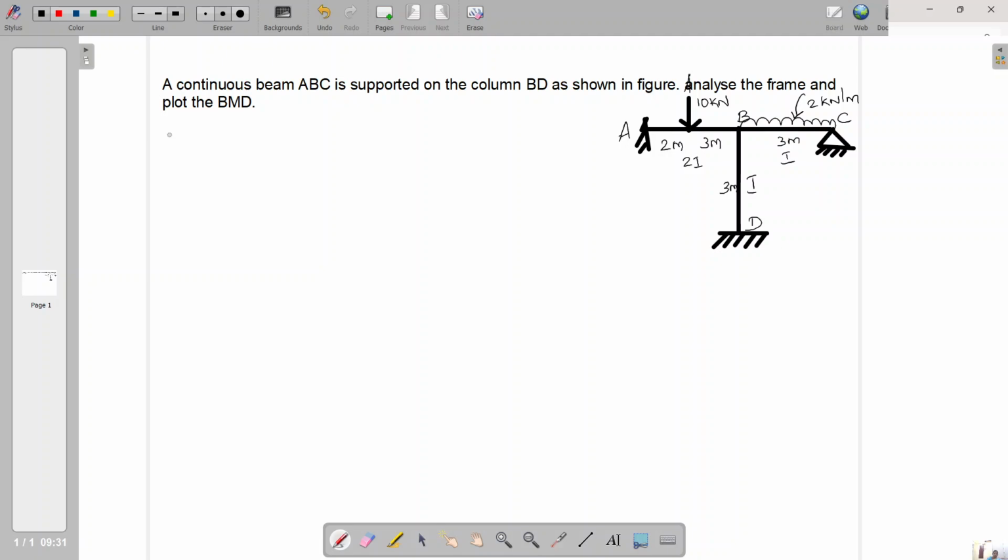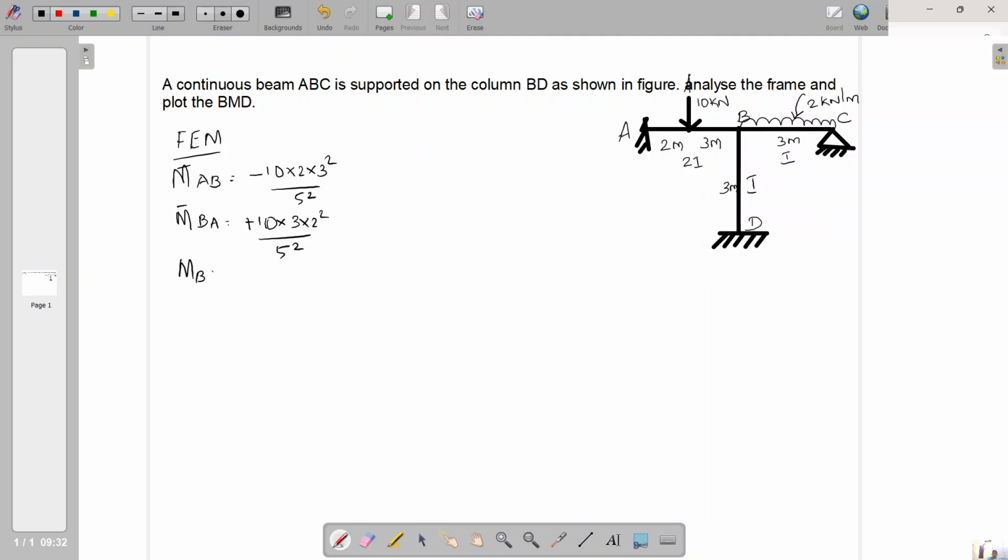So what is the procedure? To find fixed end moment values, M bar AB, a point load with varying span distances, so minus 10 into 2 into 3 square by 5 square. Second one, M bar BA, plus 10 into 3 into 2 square by 5 square.